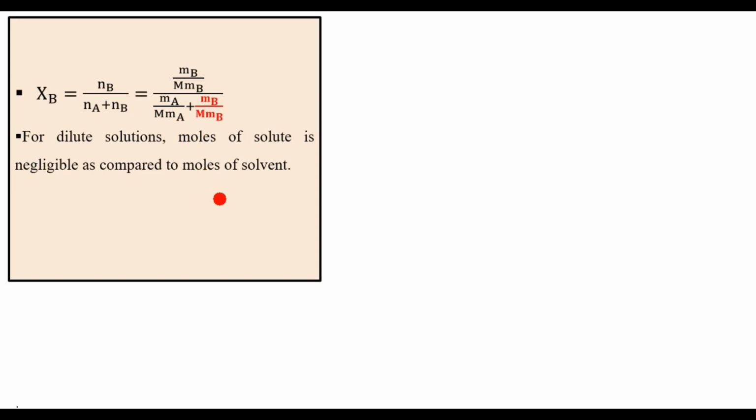Then, after making the term in red negligible, we get this formula, XB is equal to this value. That means it's equal to MB, which is the mass of the solid, times the molar mass of the pure solvent, dividing with the molar mass of the solid times the mass of the pure solvent. We have now the formula to calculate the XB, which is this one.